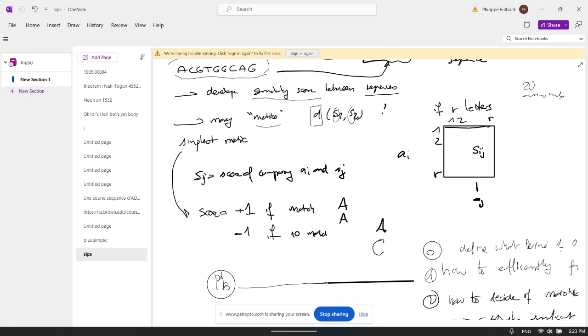The simplest form of score is the following one, and I'm going to concentrate on that one in this video, because this video is not for experts. It's just to give you the central idea of the statistical or mathematical method behind the alignment tools.